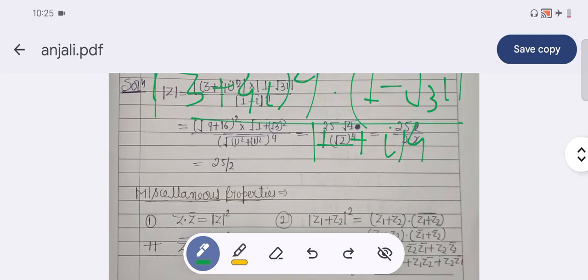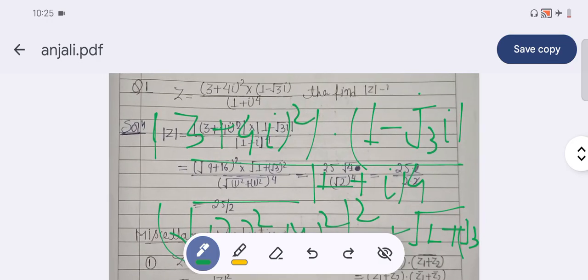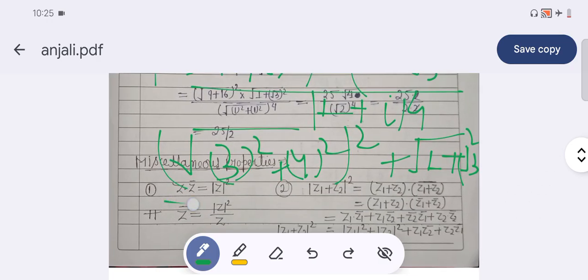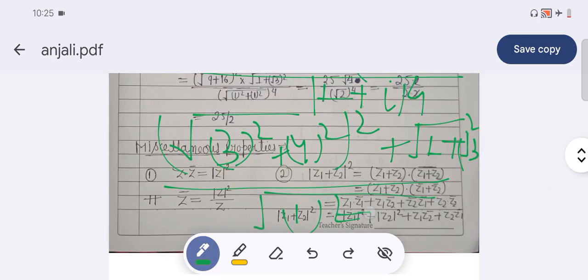So what will be the value? Root of 3 square plus 4 square, whole to the square, into root of 1 plus root 3 square, upon root of 1 square plus root of 1 square.